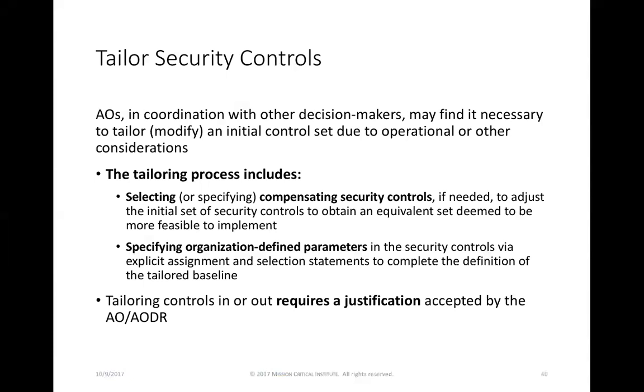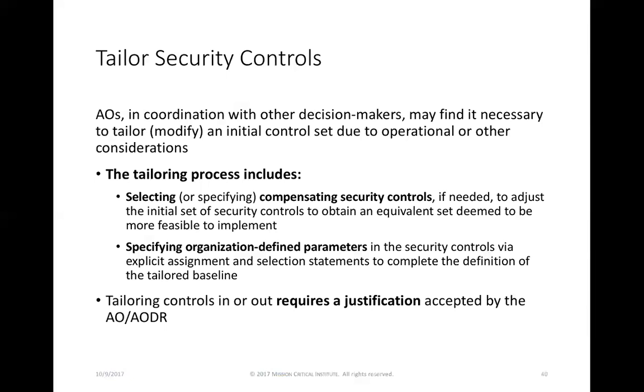The tailoring process includes selecting compensating security controls. When I say compensating security controls, that means a security control that meets the same security rules as the original security control, but it's been changed to meet the system needs.